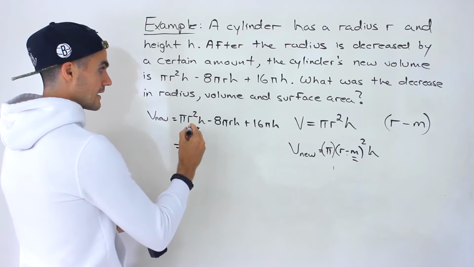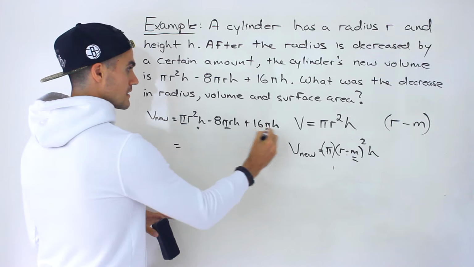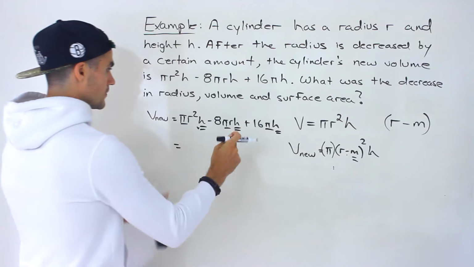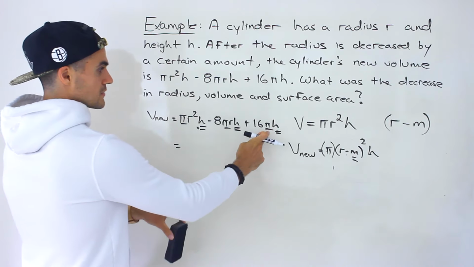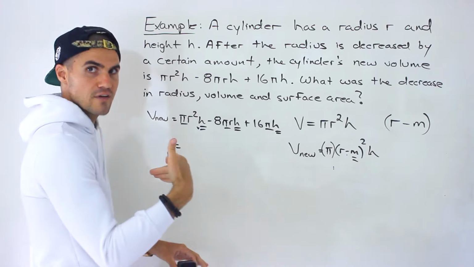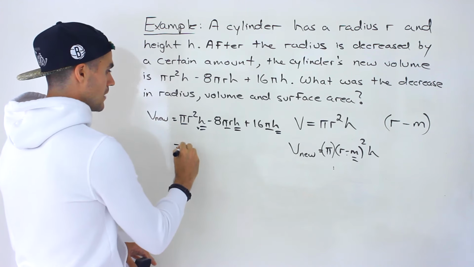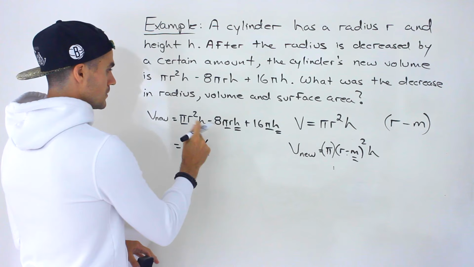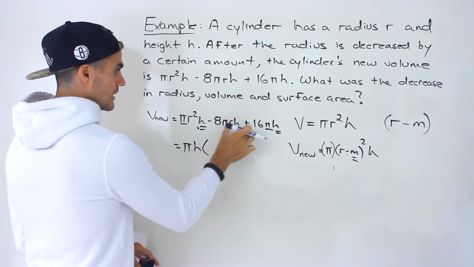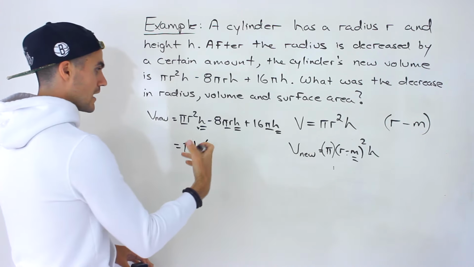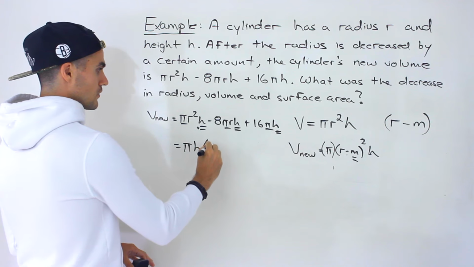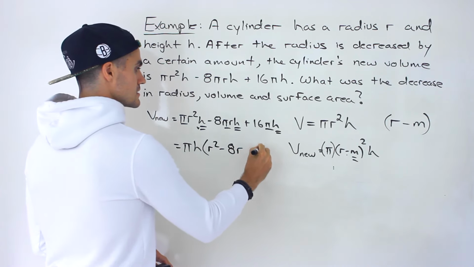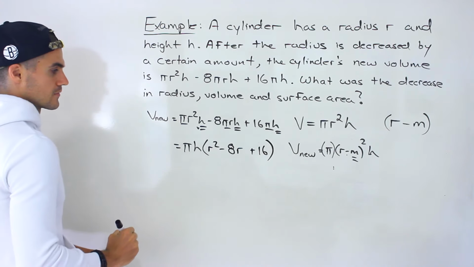And notice that in all of these there's a pi that's common, and notice there's also an h that is common. R is in both of these, but there's no r over here, so we can't factor out an r. So we could take out a pi h initially, and then what would we be left with? Well, we would just divide all of these values by pi h, what we took out, and we'd be left with an r squared minus 8r plus 16, like that.